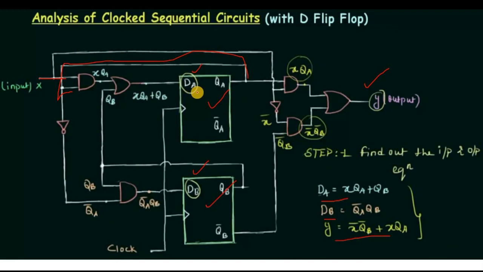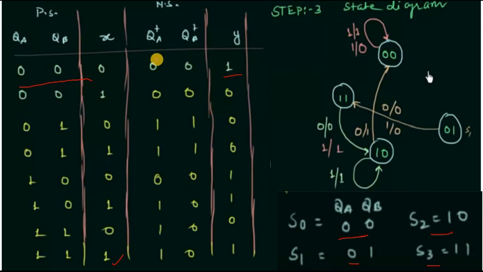So if you find DA, automatically QA equals DA, and DB equals QB. Like that I will find the next state values, QA plus and QB plus. These are the next state values, and this is the output.